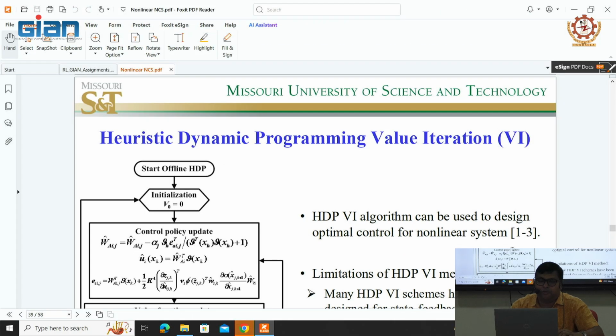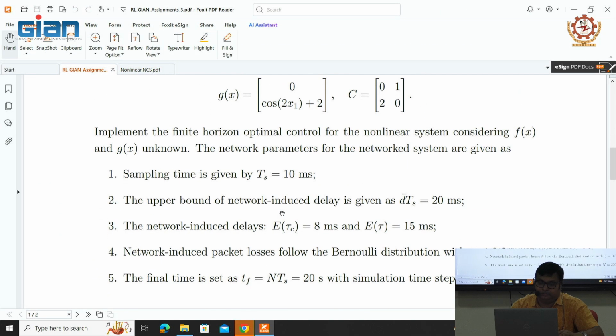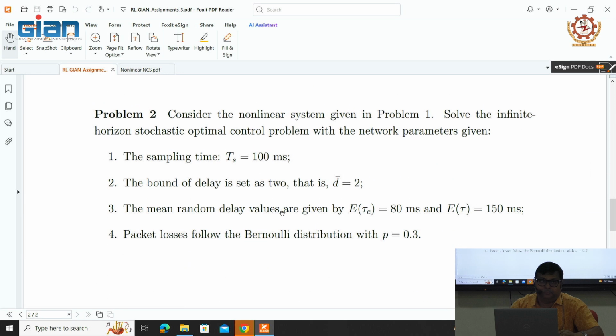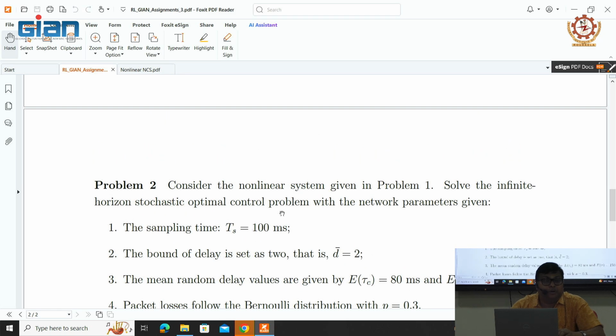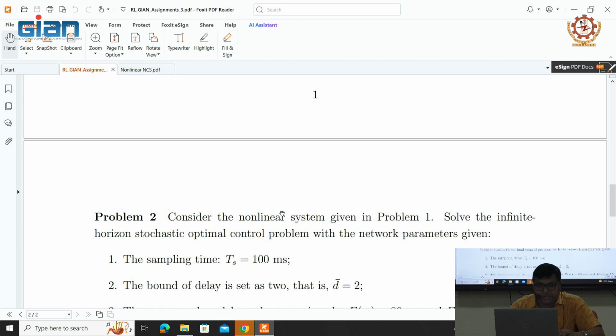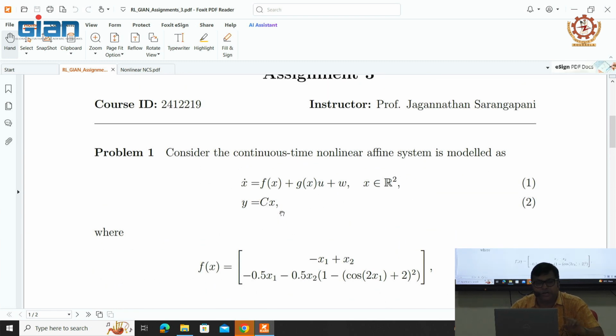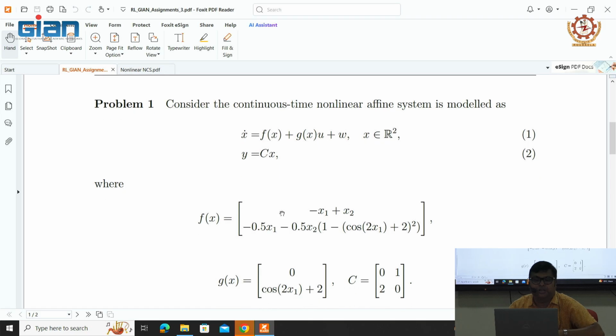Only two problems are there. The code model is for problem number 1. You will find that it is not for the robotic manipulator, it is for this system only.